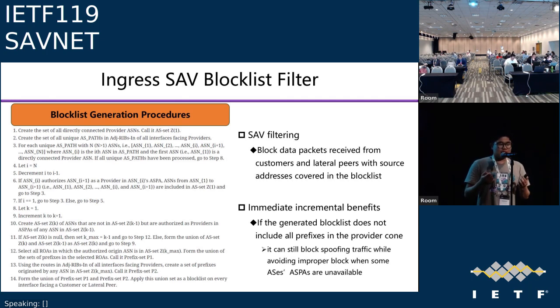It will block data packets received from customer or lateral peer ASs with source addresses covered in this block list. And this block list can provide immediate incremental benefits. If the block list doesn't include all prefixes belonging to the provider cone, it can still block spoofing traffic while avoiding improper block when some ASs' ASPAs are unavailable.